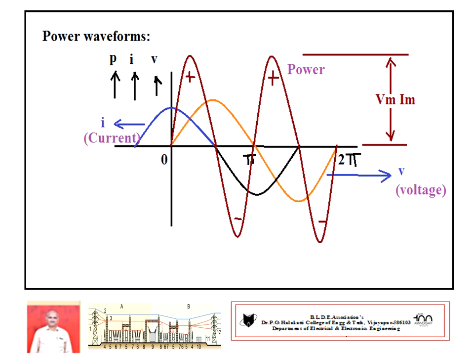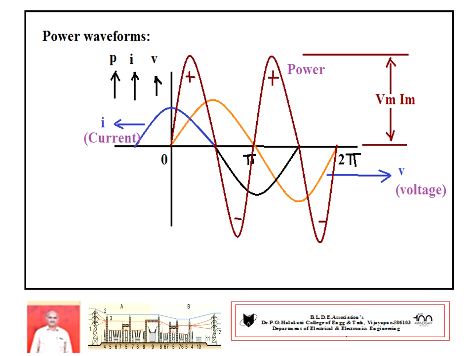After calculating the average power, we have to know how the power waveform may be drawn. To obtain the power waveform, first you draw the voltage and current waveforms. After drawing them, you observe that from 0 to pi by 2, that is 0 to 90 degrees, the voltage wave is positive and the current wave is also positive.